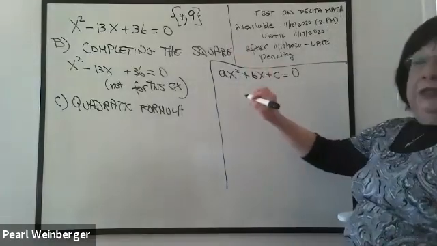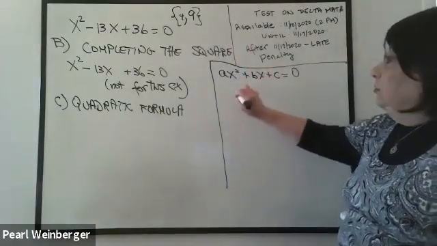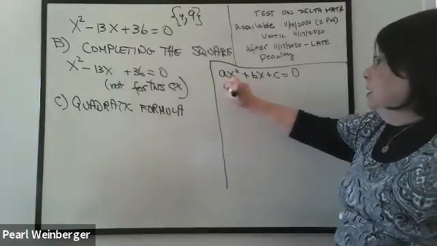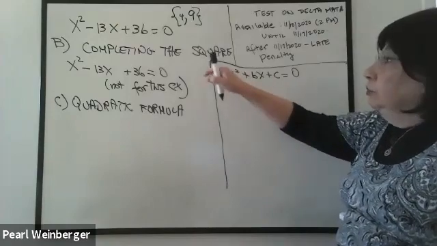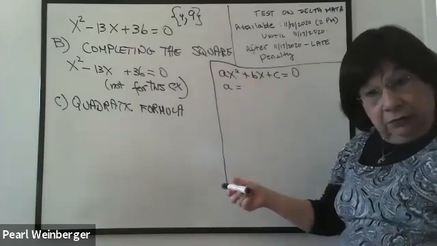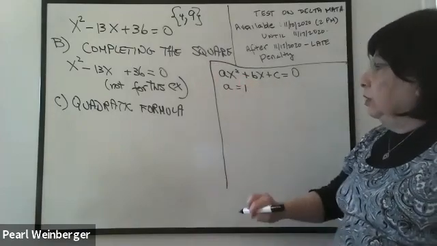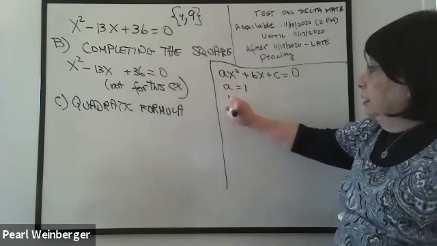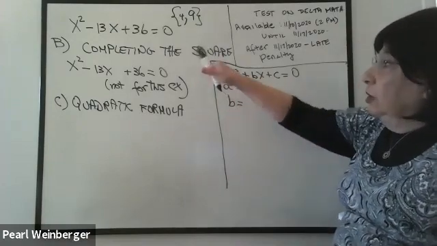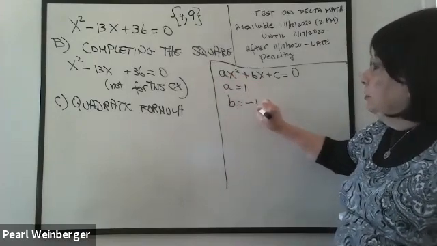Let's just write down what the a, b, and c is for this particular example. The a in this case, well, what's the number in front of the x squared? There's no number there, so it's understood to be 1. The b is the number in front of the x, which is negative 13.